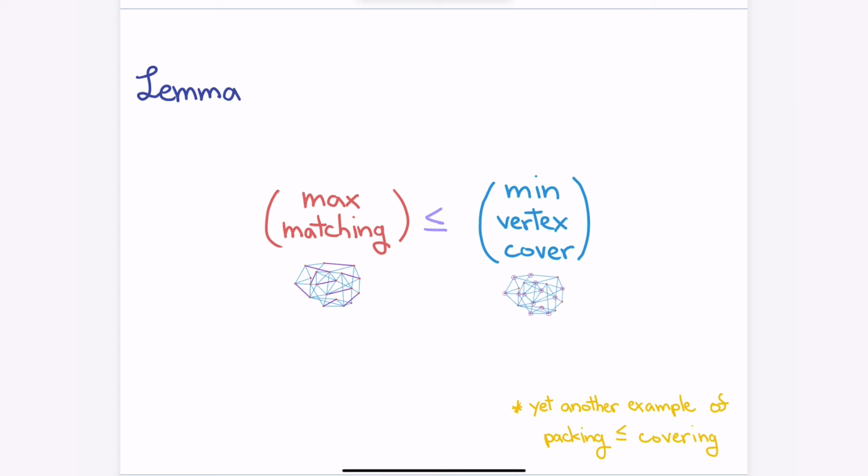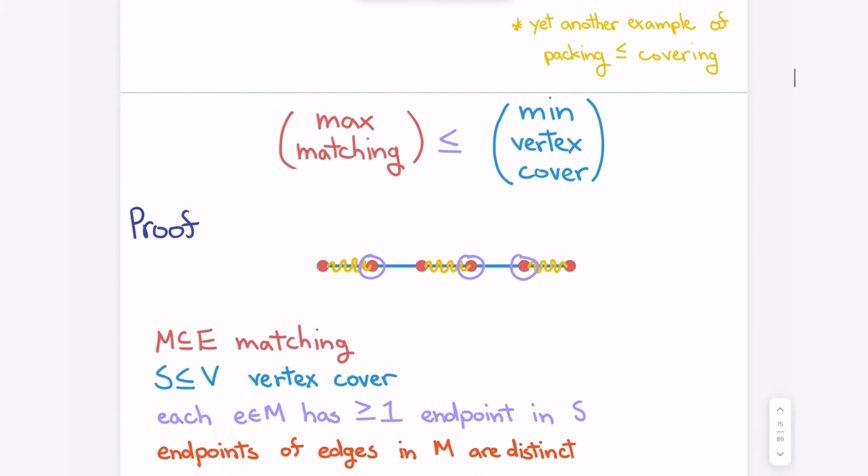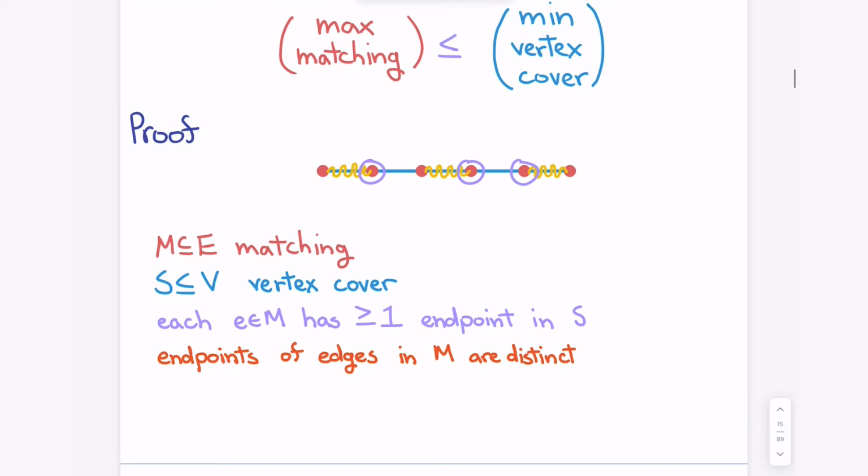Like any dual situation, this lemma you basically get for free: a maximum matching is at most the size of any minimum vertex cover. Let's see if there's a proof set up for us. There is. I'll go through it somewhat quickly.